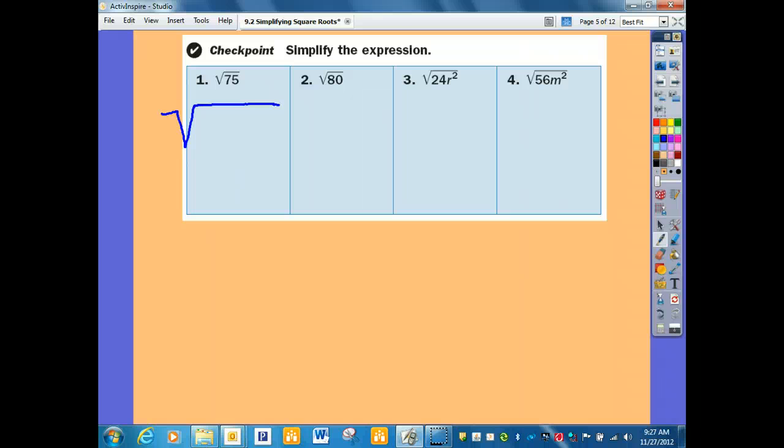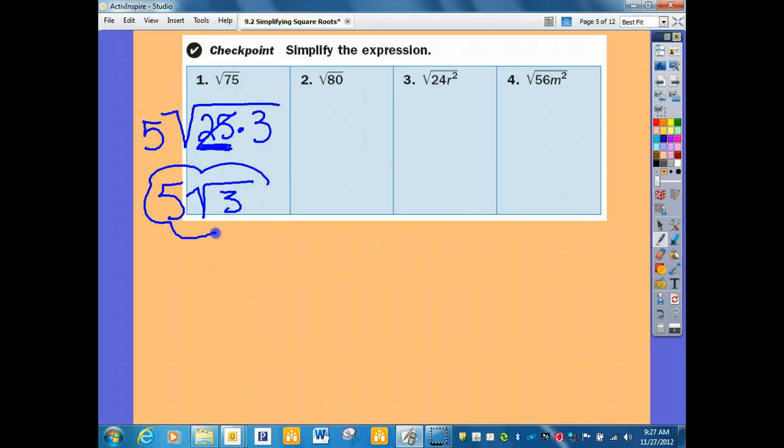Can we think of anything else? 25 and 3. 25 times 3. Oh, what's perfect? Oh, 25, you're so perfect. All right? So you cross that out and bring out a what? A 5. Is 3 perfect? Can it be broken down anymore? No. So we have 5 times the square root of 3.